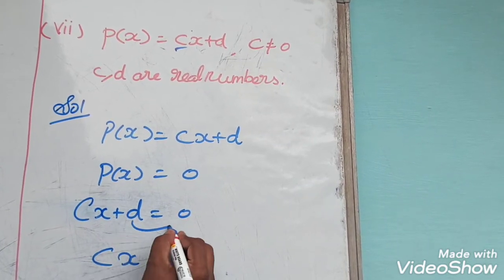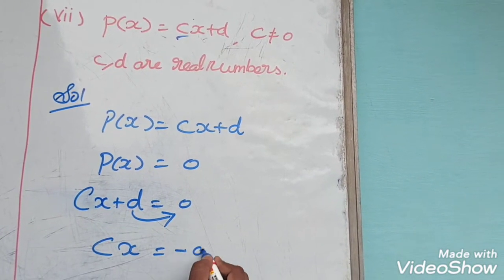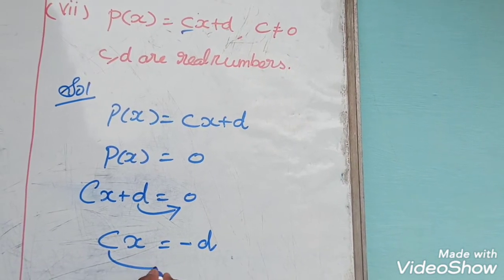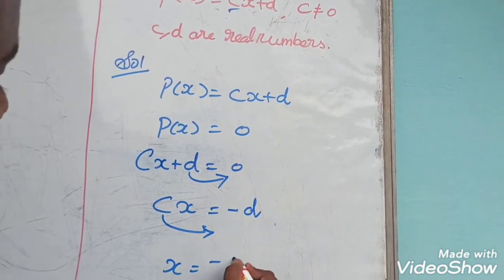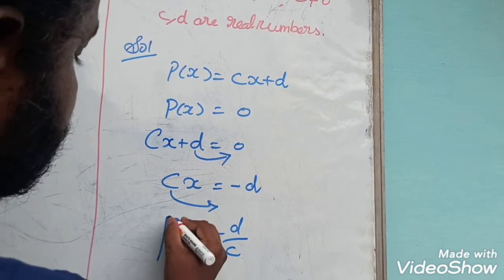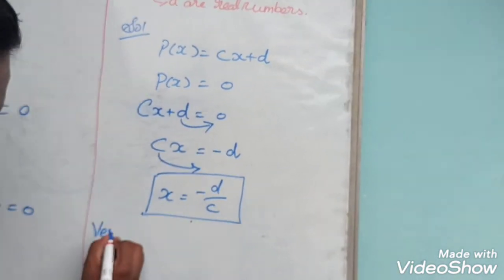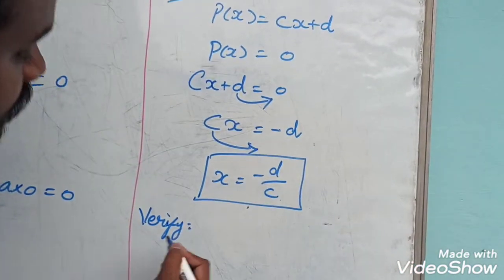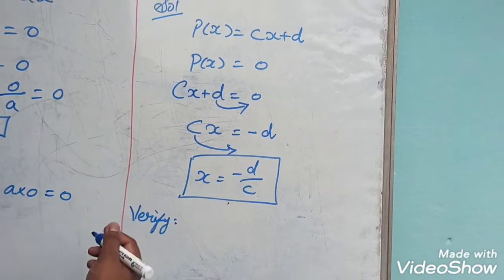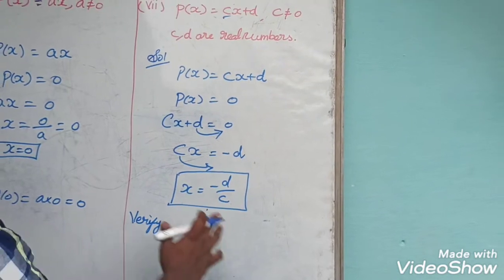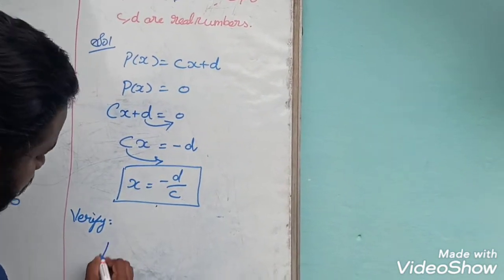Cx, this d goes to the right hand side, minus d. So the c goes again to the right hand side, x equal to minus d by c is the zero of the polynomial. How is it possible? Just verify it. In verification, we get P of minus d by c becomes 0. We conclude this is the zero of the polynomial.